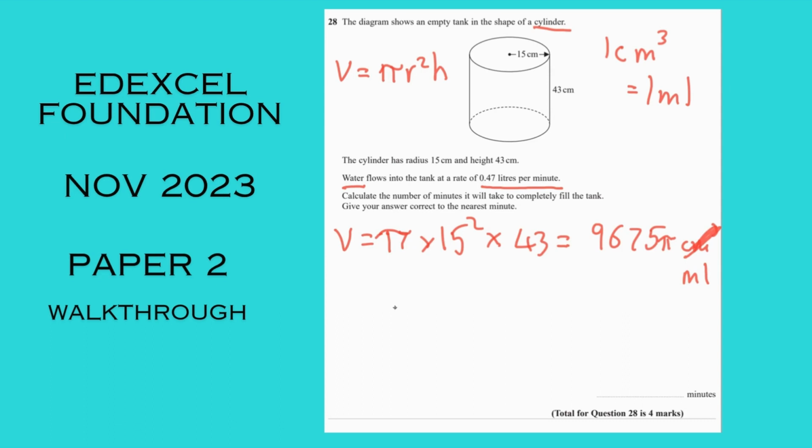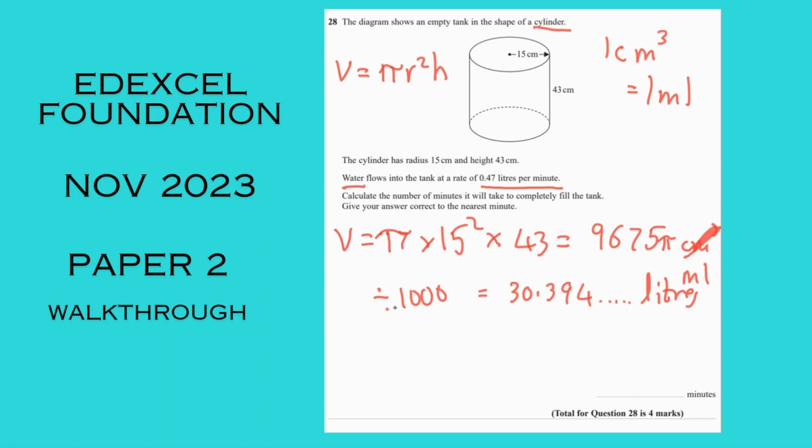So I'm going to convert that to litres. So I divide by 1,000. Now I'm getting 30.394, and it goes on, and that's in litres.